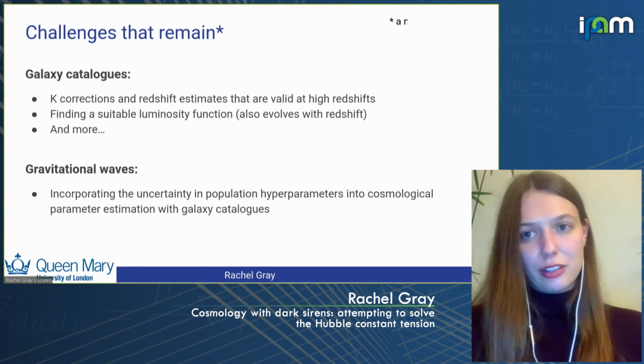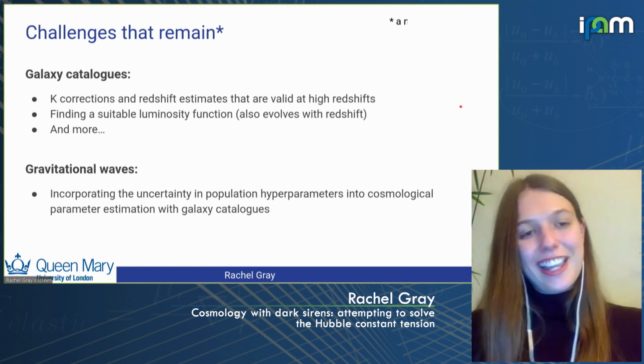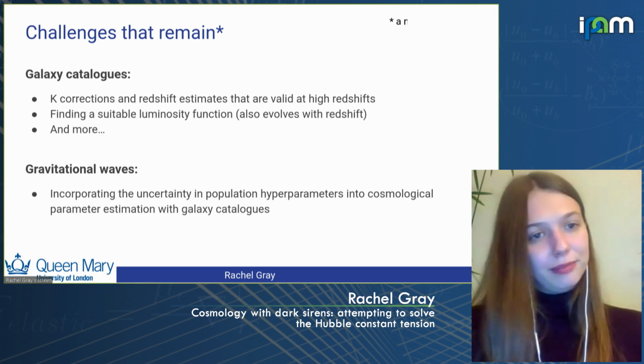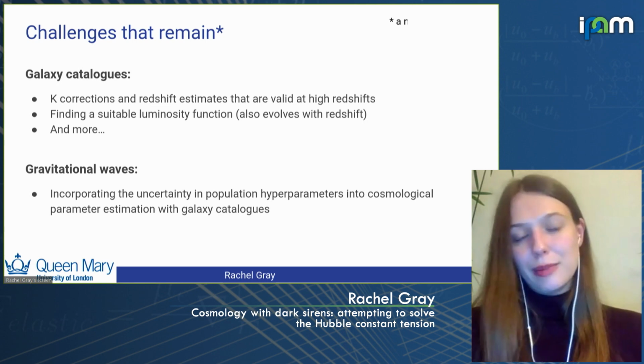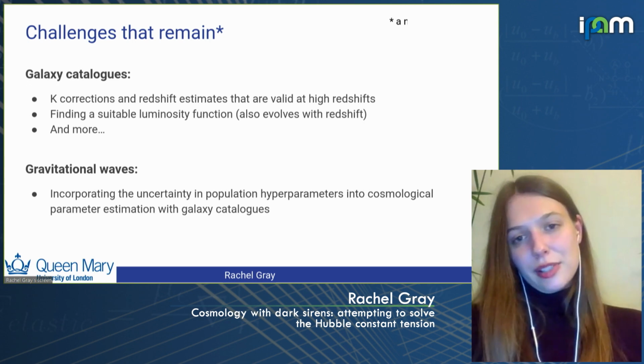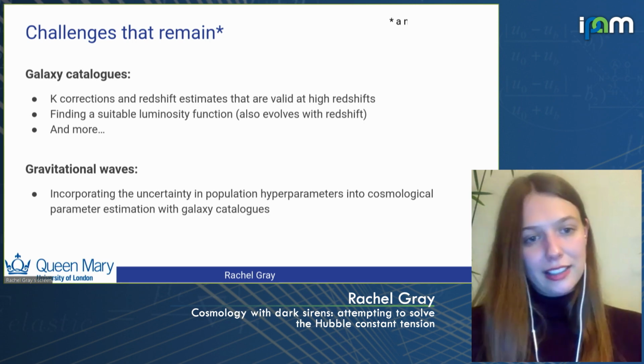And the challenges that remain, this is a non-exhaustive list because I'm sure there are many challenges that remain, both on the galaxy catalogue side and the gravitational wave one. On the galaxy catalogues, we need to be able to find galaxy luminosities and redshift estimates that are valid at higher redshifts so that we can make the most of the high redshift events that we detect.